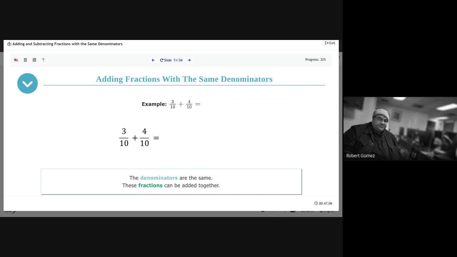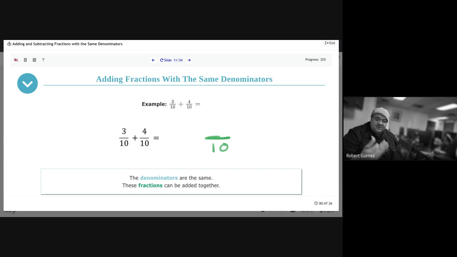There's 3 steps when you're adding fractions. Right now, we're just focused on the first step, which is, are the denominators the same? And if the answer is yes, you're cool. You stop right there. This is easy mode. Because then I can say, okay, the denominator is the same, so I'm going to just go ahead and write the denominator here.